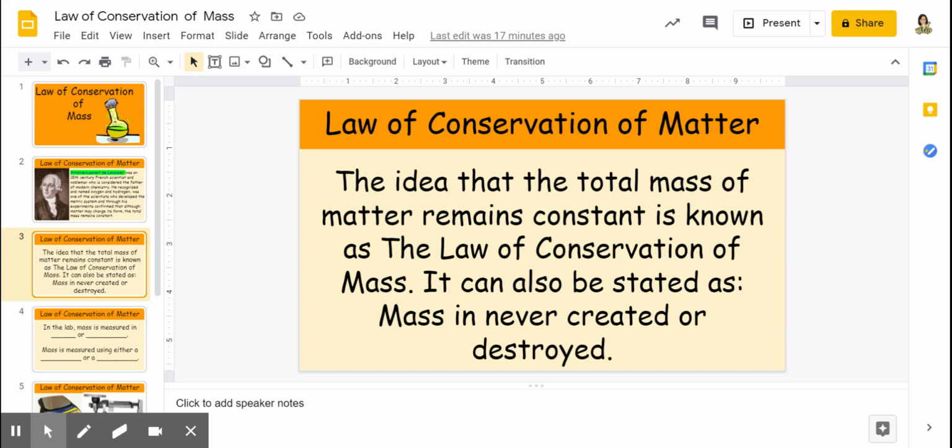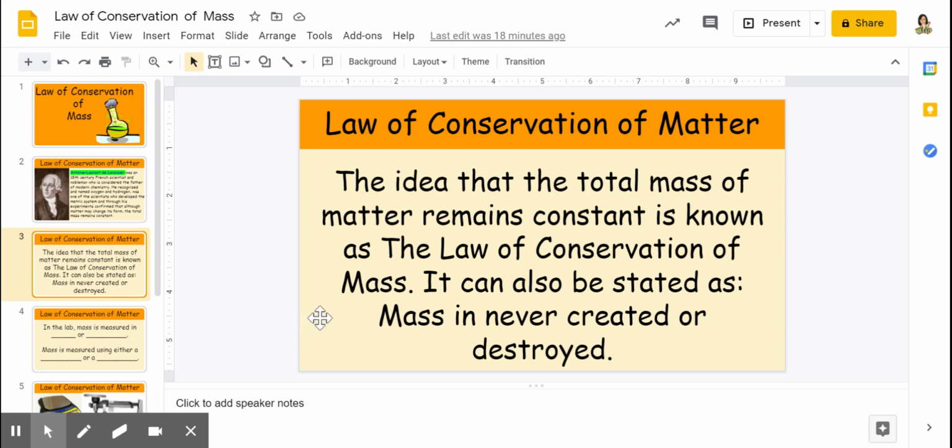So the law of conservation of matter states that the total mass of matter remains constant whether it takes different forms. It can also be stated as mass is never created nor destroyed.